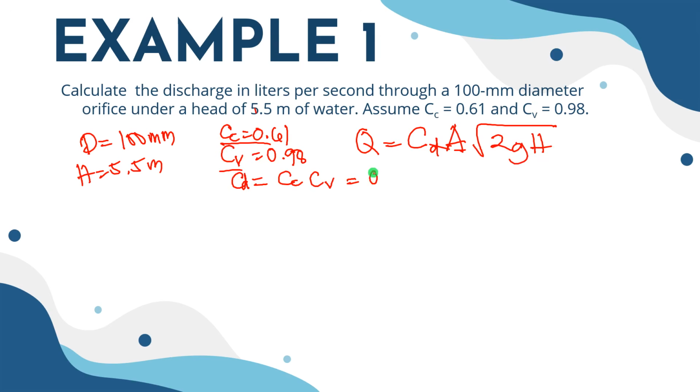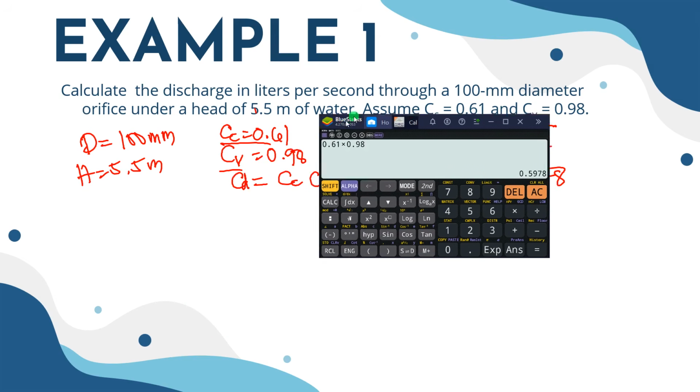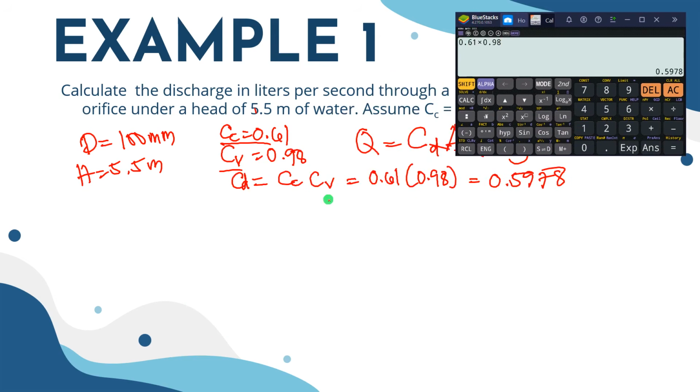So the product of 0.61 and 0.98 is the value for the coefficient of discharge: 0.61 times 0.98 is 0.5978. Then we compute the area.